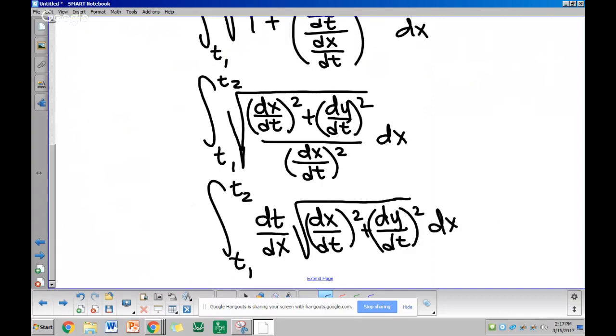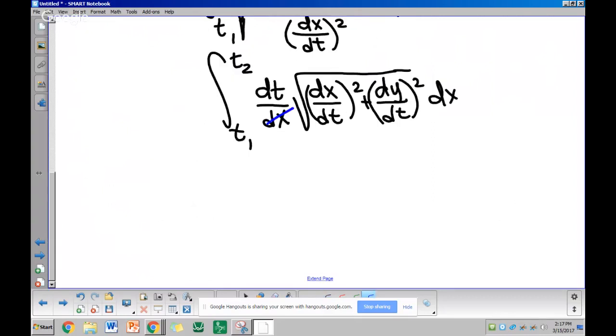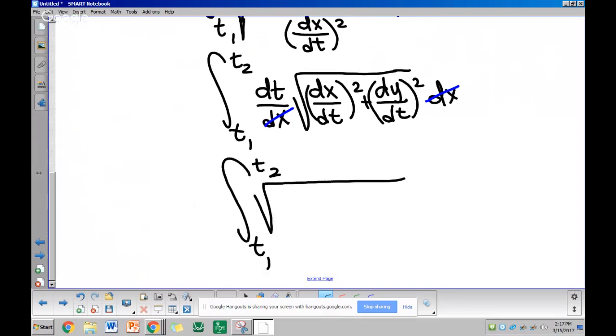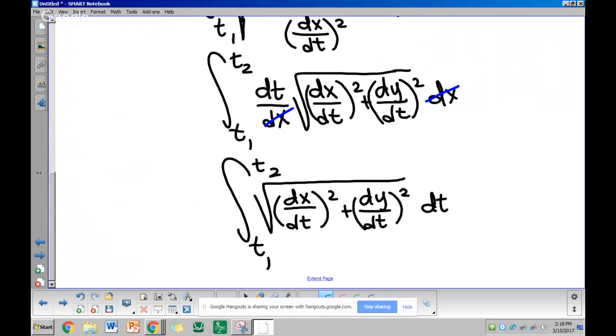And what happens? The dx's cancel. And then we get the arc length for a parametric curve. That wasn't too difficult, was it? It wasn't really fun though either.